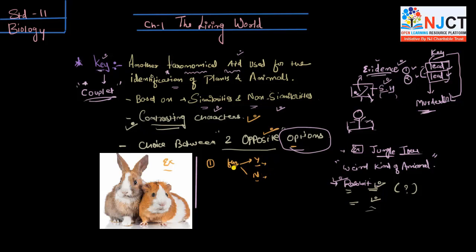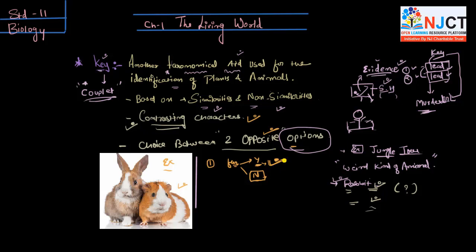Okay, so fur. Is there a fur or is there not a fur? Yes, they do have fur. Whatever I've seen, it has fur. So there are two opposite options, and what is the result? Only one has been accepted: yes, they do have fur.